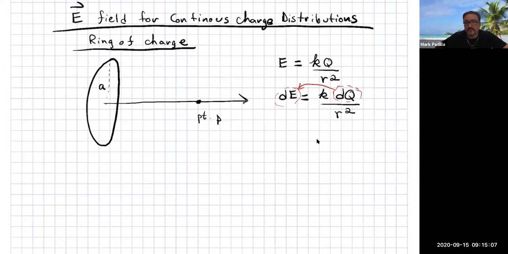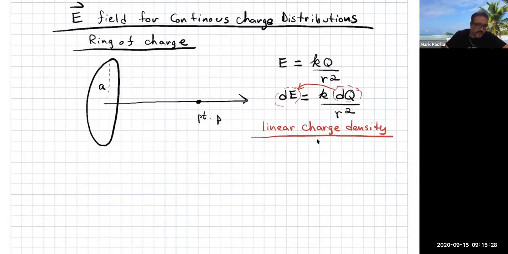This ring also has a density to it, a charge density. So there's another thing that we need to learn. It's called linear charge density, and that is defined by lambda. Lambda is equal to the total charge of the ring divided by its length, which makes sense, right? How much charge do you have per unit length?